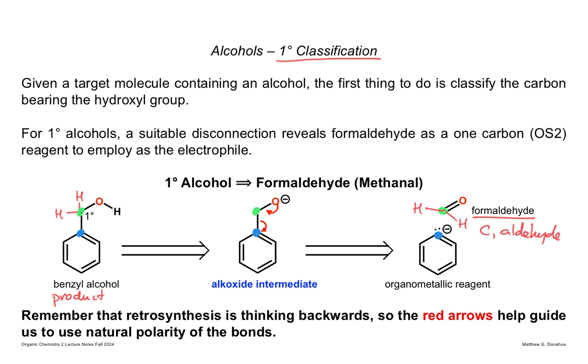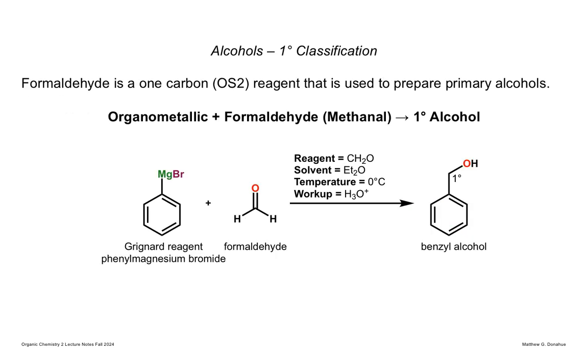And so let's look at this in the forward direction. We're looking at what can be the nucleophile and what can be the electrophile. In the forward direction, we would take that Grignard reagent, which we saw how to make on the prior slide. So the bromobenzene plus magnesium 0 metal in THF makes our nucleophile.